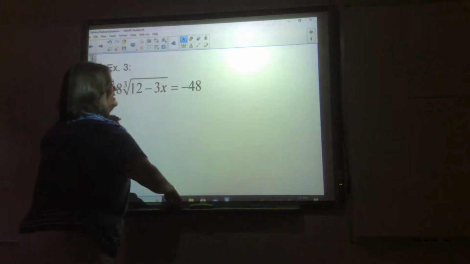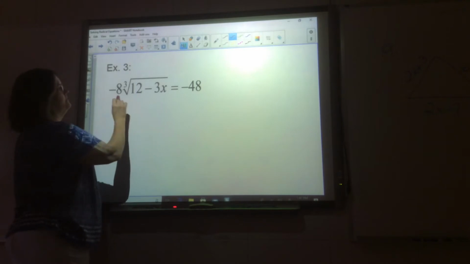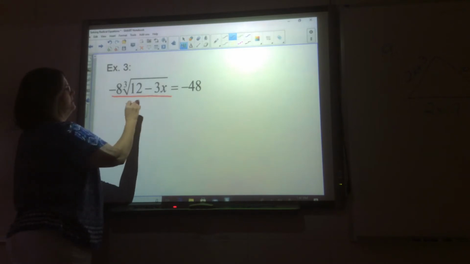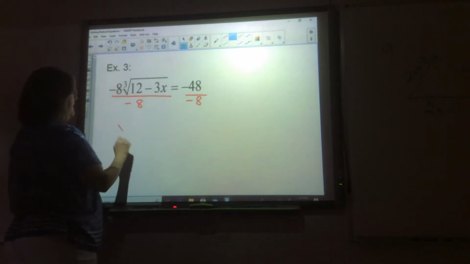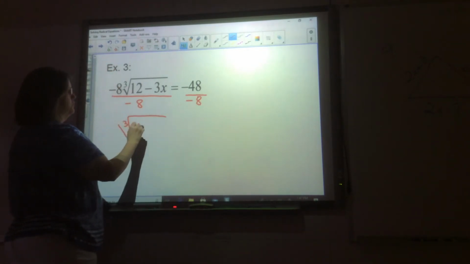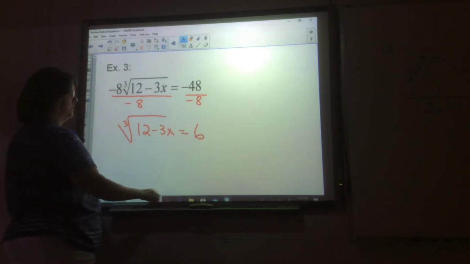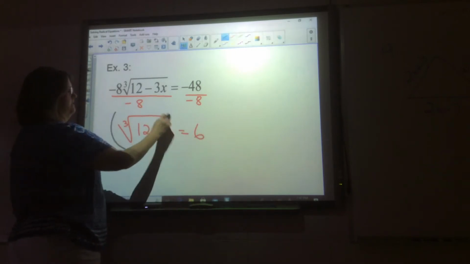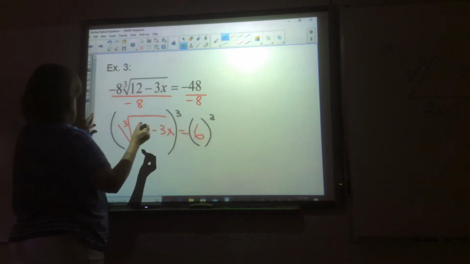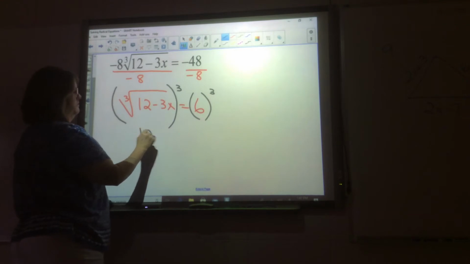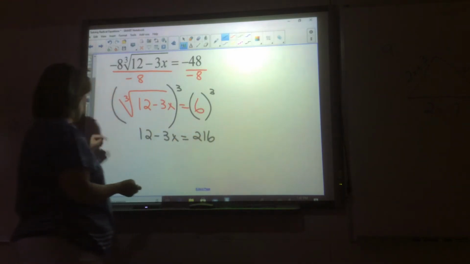Okay. This one has something that needs to be moved. See that negative 8? I need to move it. This is being multiplied, so I will divide on both sides. So I have the cube root of 12 minus 3x equals 6. The opposite of cube root is to cube. So that gives me 12 minus 3x equals 216.